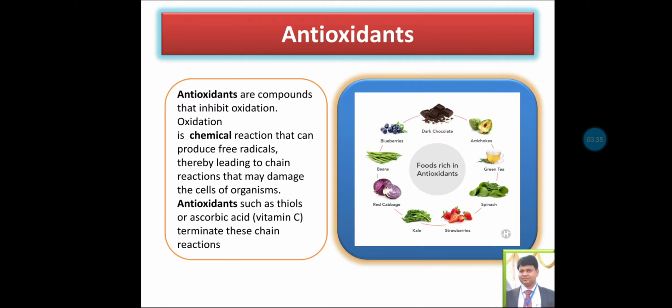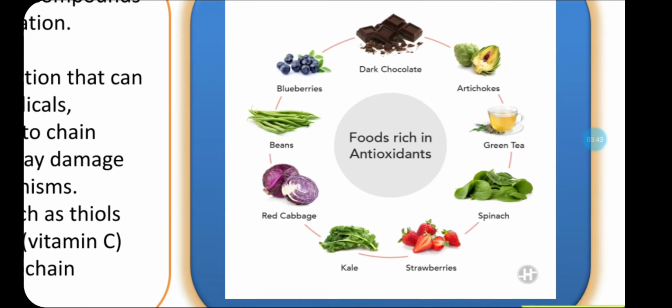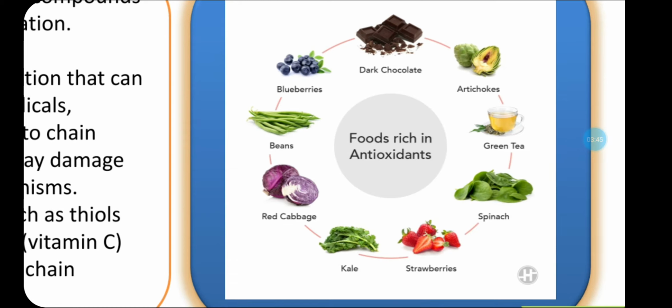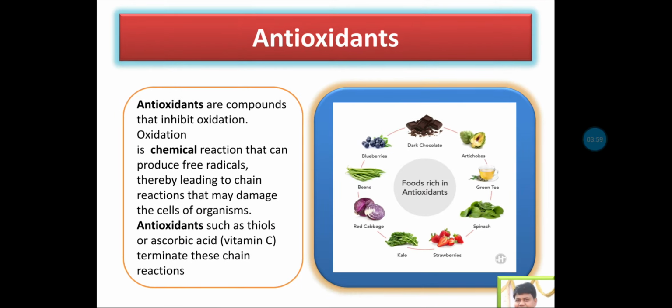Vitamin C and thiol group antioxidants are very common antioxidants present in food. Here in the diagram you can see a few food items which are very rich in antioxidants, such as dark chocolates, blueberries, beans, red cabbage, strawberries, spinach, green tea, and many more in which antioxidants are commonly present.